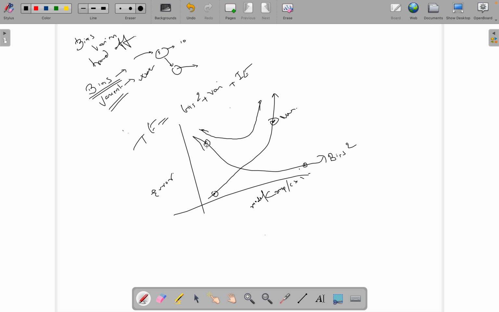So I cannot take these points. So what point should I take? As I can see, they are intersecting here. This is the point which I should consider, where our bias and variance are at minimum. So this will give us the generalized model.